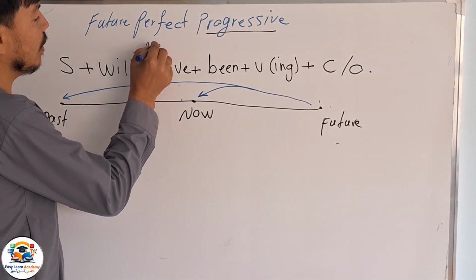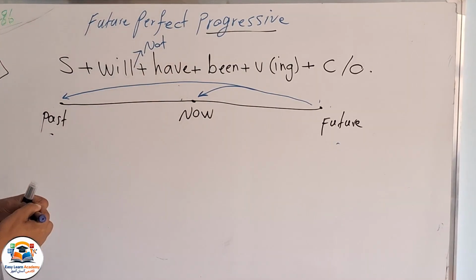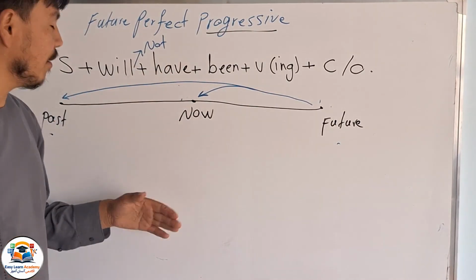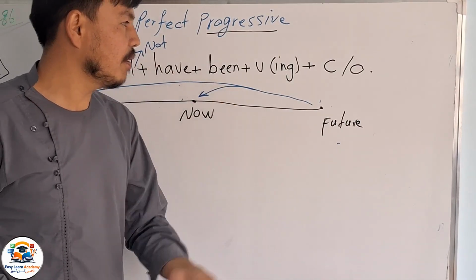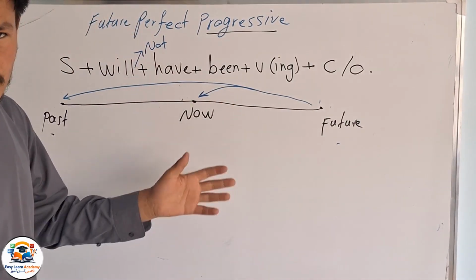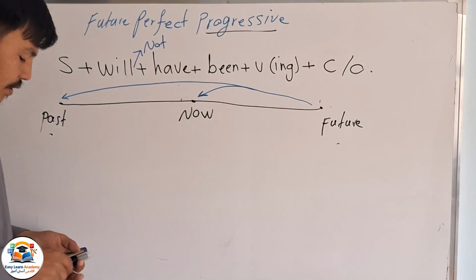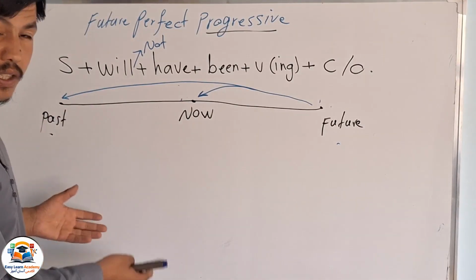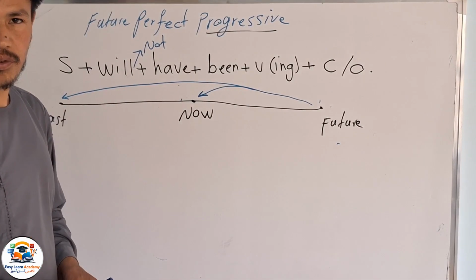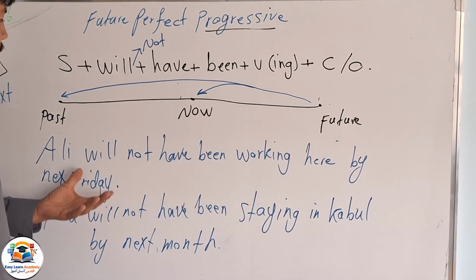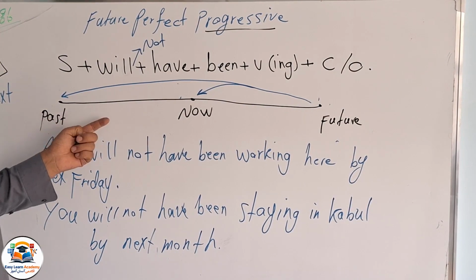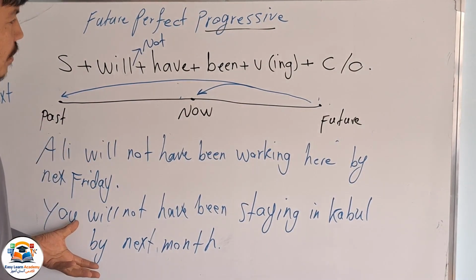Okay, to make this positive structure negative, it will be so easy. You only need to add not after will: subject plus will plus not plus have plus been plus verb with ing and complement. Okay, so now let's see these 2 examples. Okay, dear friends, let's see some negative sentences.